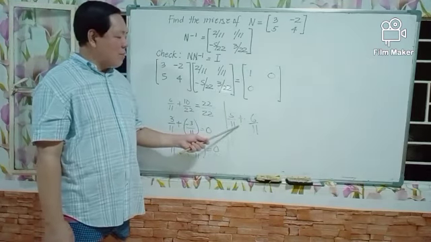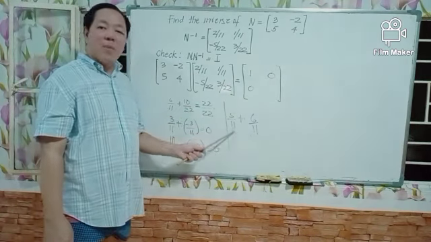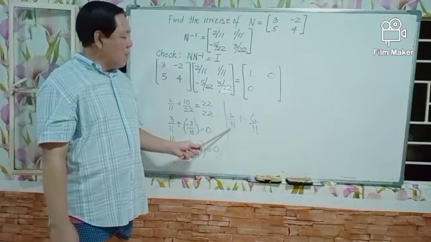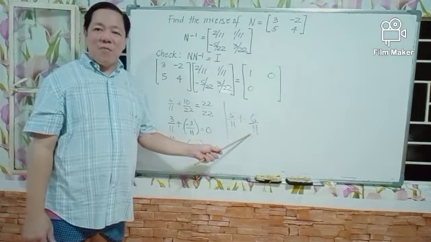And to 6 over 11, we add the product 5 times 1 over 11, which is 5 over 11. 5 over 11 plus 6 over 11 is 11 over 11, or 1.